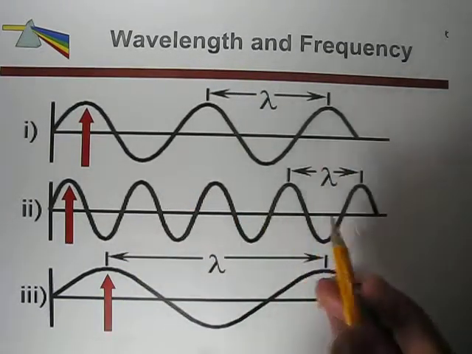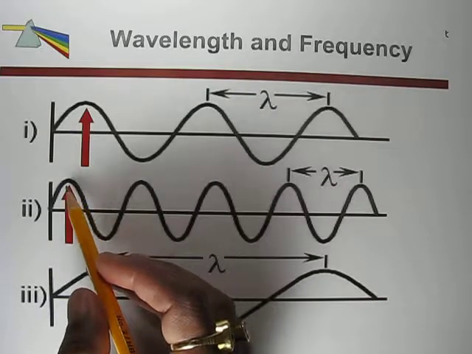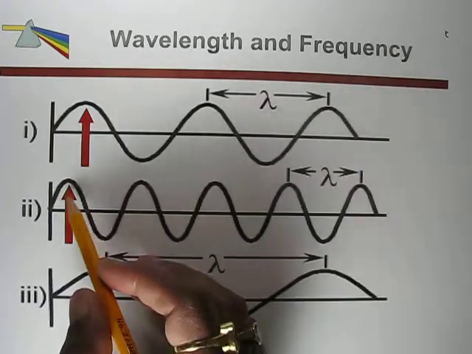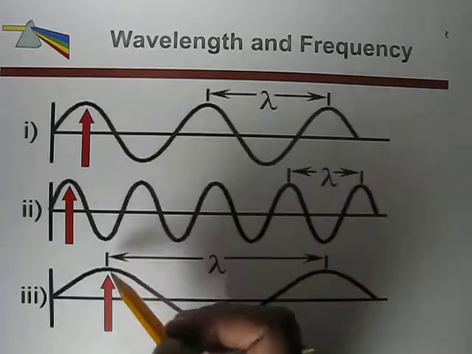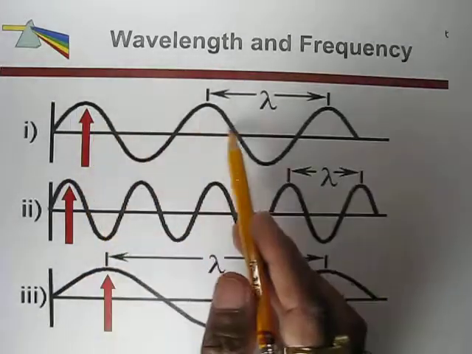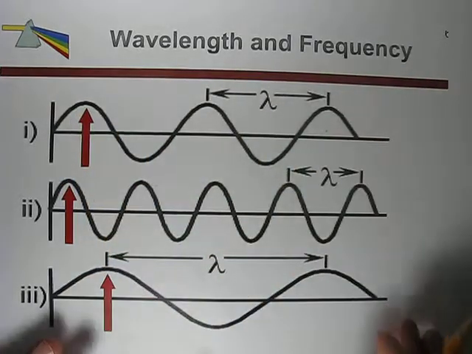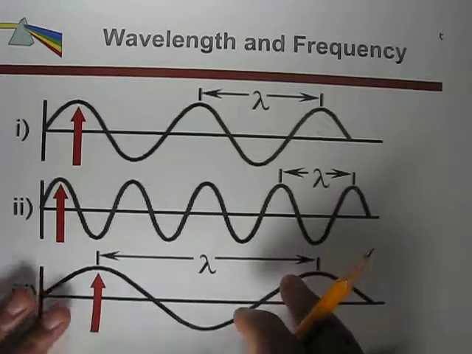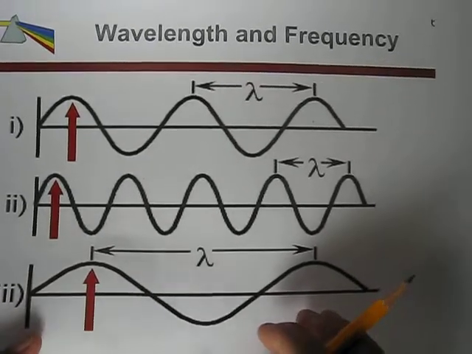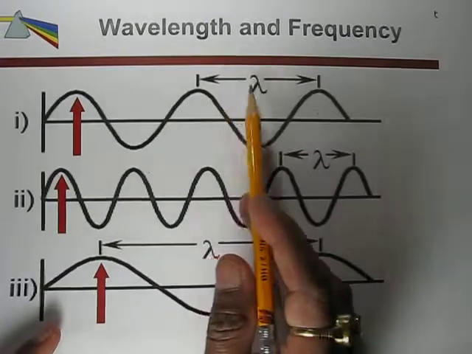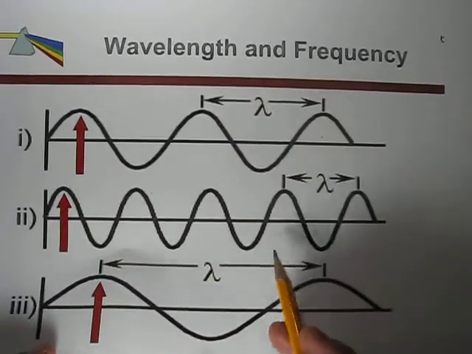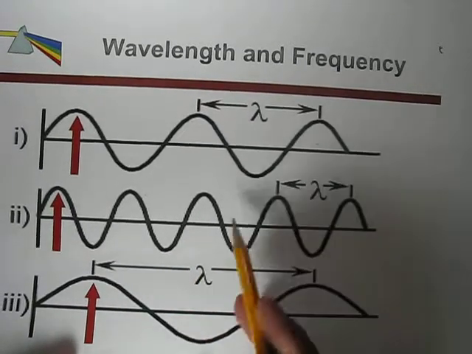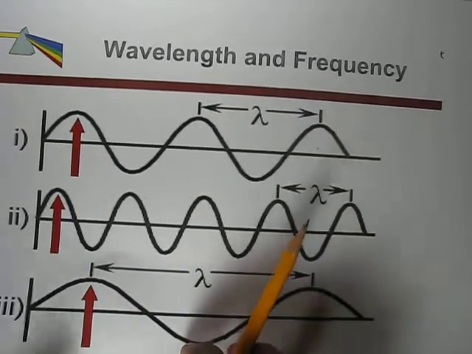Compared to here, you can see how many high points, 1 2 3 4 5, and here is only 2, and here is at least 3. So if the wavelength is bigger, the frequency will be less, and if the wavelength is short, then the frequency will be high. So it's just opposite in direction.